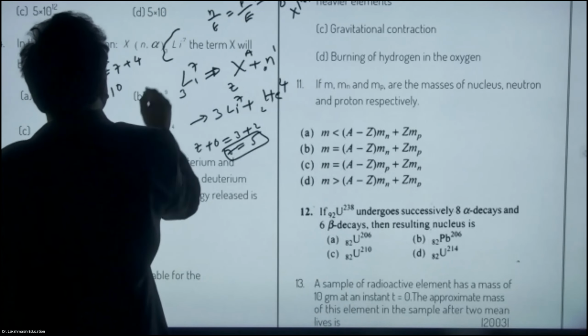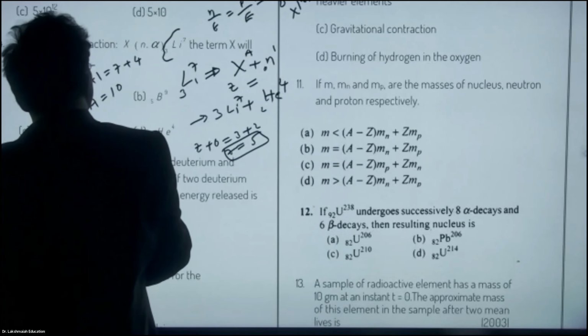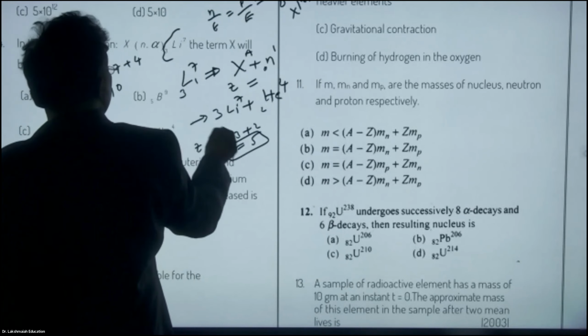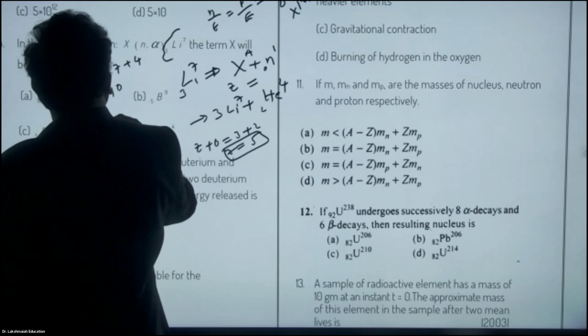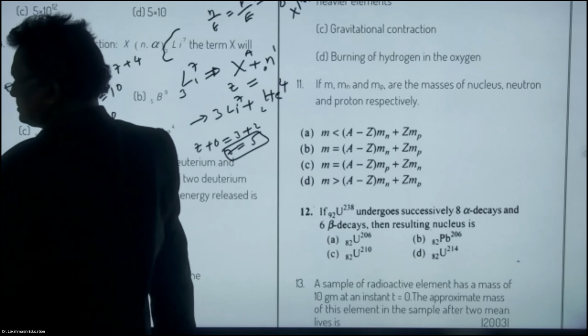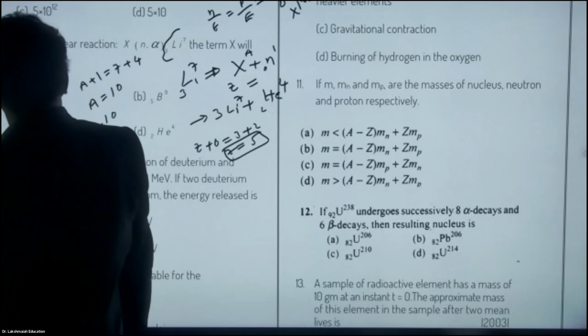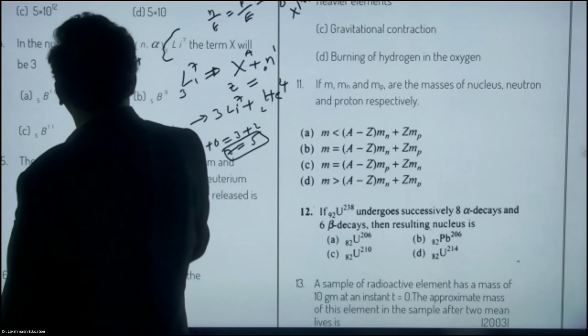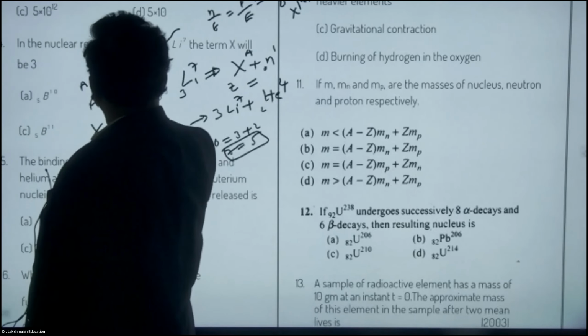So what is the X value? That X is 5 and 10. So 5 10. Which one is correct? That is 5 10. What is the chemical symbol for atomic number 5 and mass number 10?